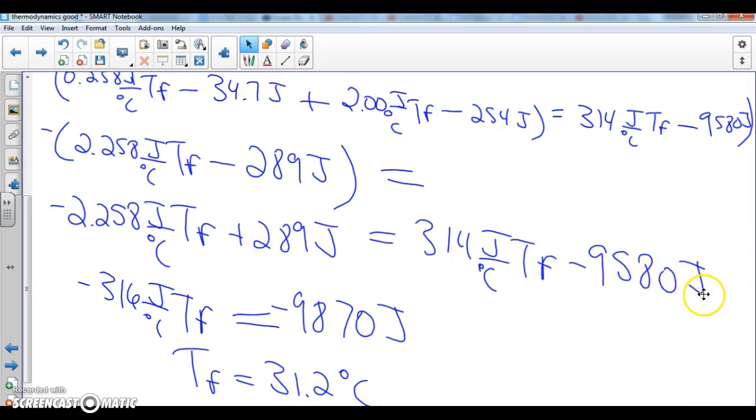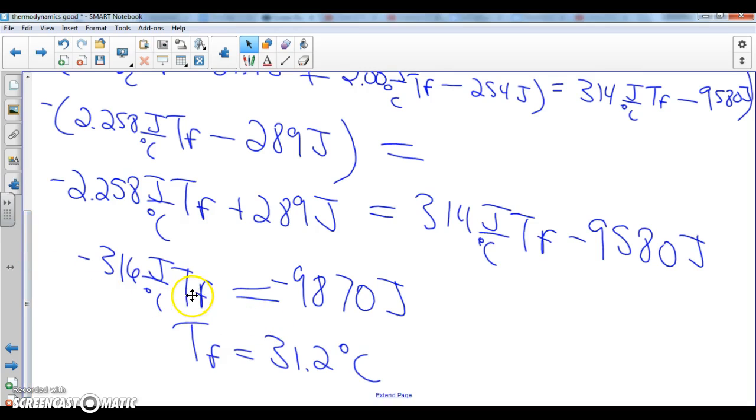Negative 9580, right, because this would be plus and minus 289 joules gives me negative 9,870 joules. Now you'll see that the math makes this negative. Now I'm going to divide both sides by negative 316 to get TF by itself. When I divide both sides by negative 316, negative divided by negative gives me 31.2 degrees Celsius.